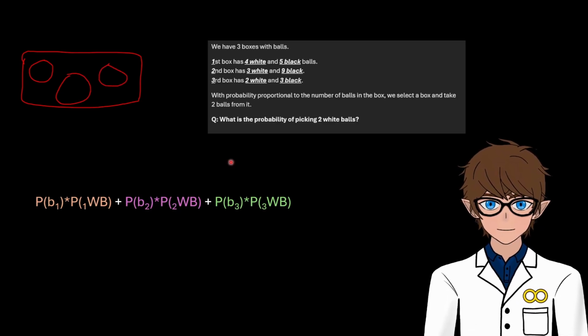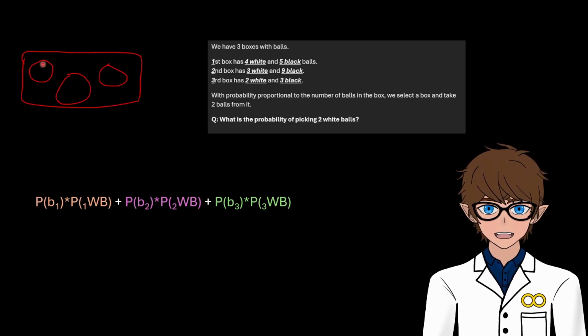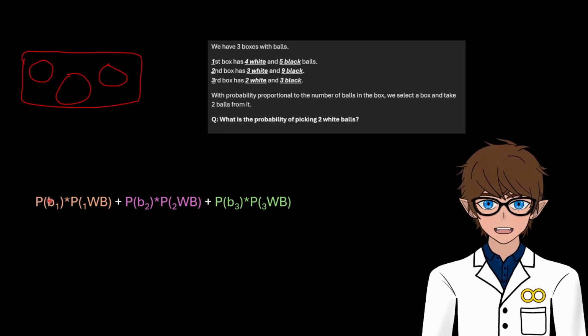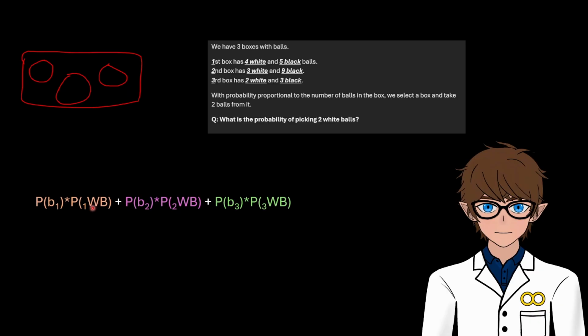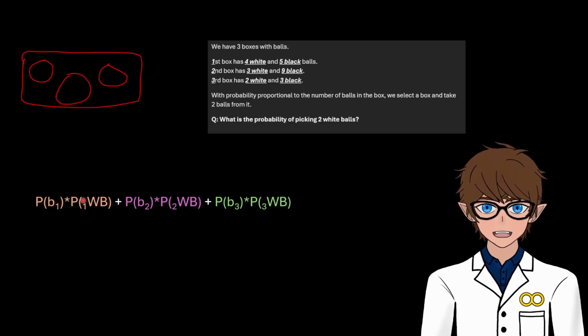So here, the first term with 2 factors represents the probability of picking 2 white balls in the first box. The first part, if they were all equally likely to be picked, would be 1/3. Each would bring 1/3 of a weight.